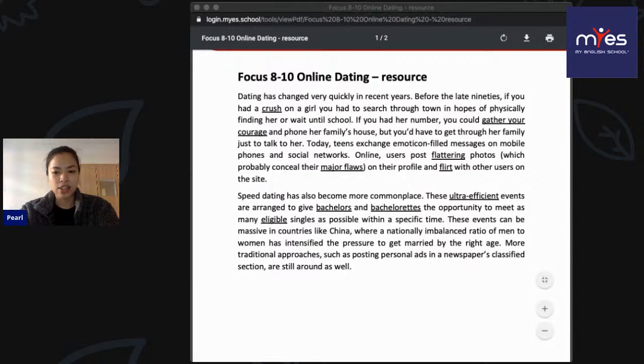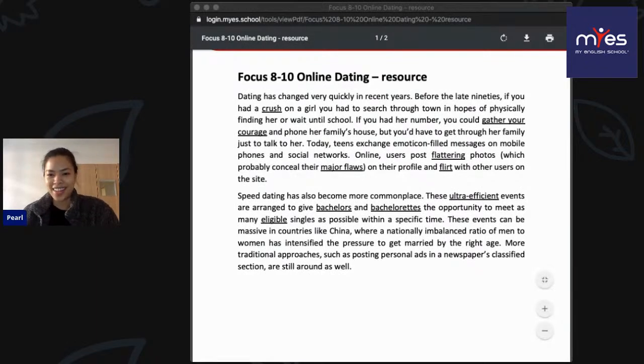And when you flatter someone, flatter is when you tell someone a lot of compliments to make them feel good. Like if you want something from someone, want them to do something for you, and you tell them how great they are, how beautiful they are, you're flattering them. So a flattering photo is a really good photo of you, really nice and appealing photo.